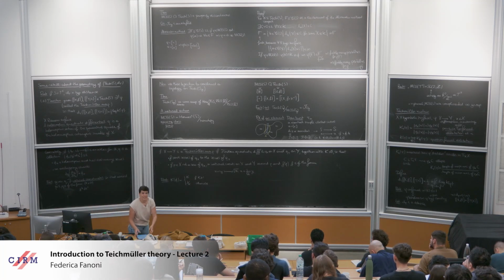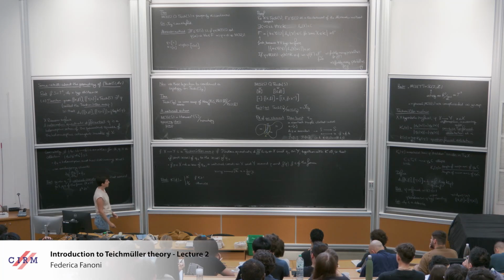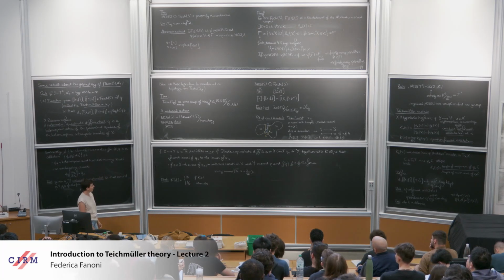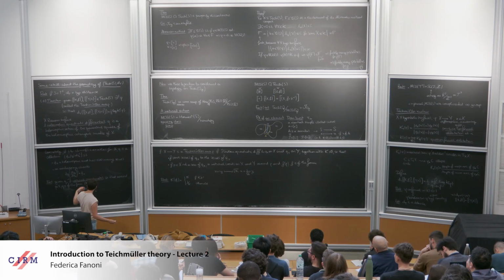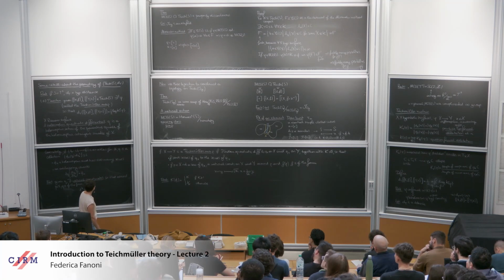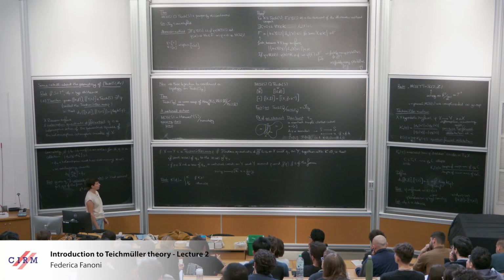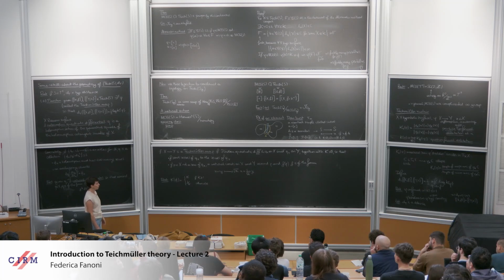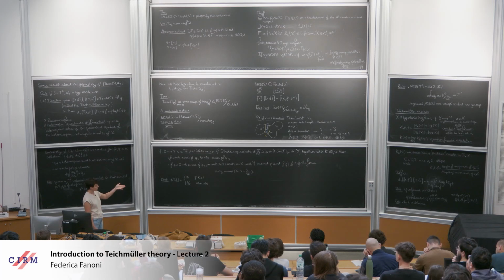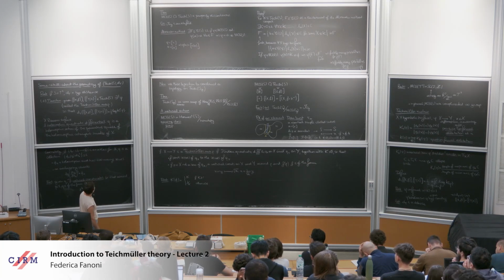Okay, so once you see it like this, I realize it might seem a little confusing, and you might wonder why any of this is good. I unfortunately don't have the time to go into the details, but this allows people to do many more explicit computations and to understand much more the existence of such a map, and the fact that it behaves well allows you to know much more about what happens for this distance.